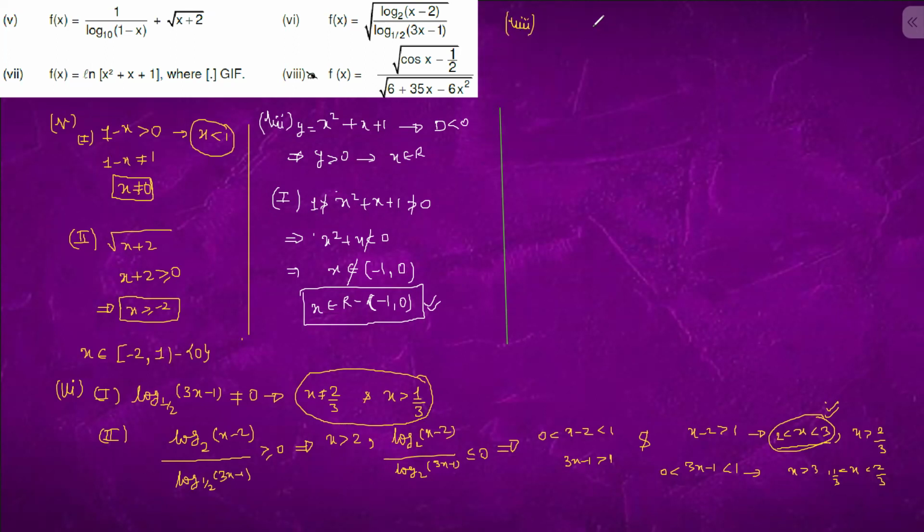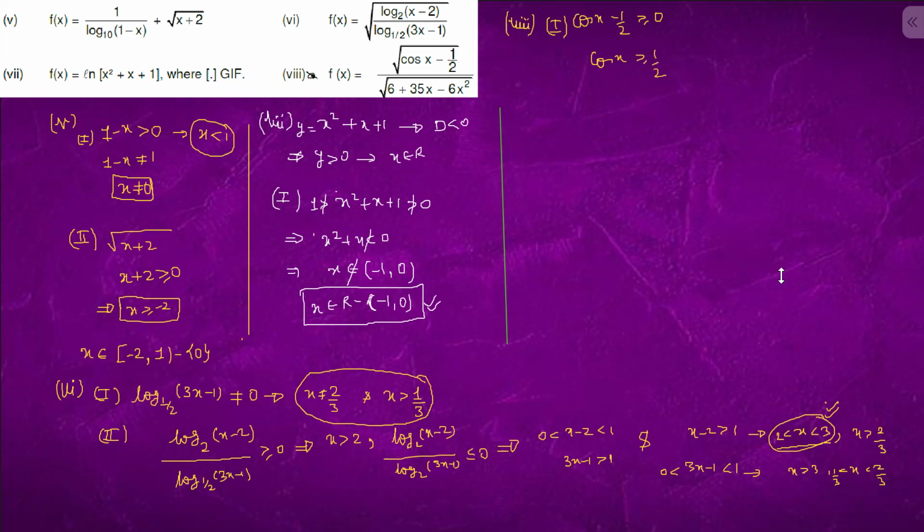Question 8. Cos x minus 1 by 2 should be bigger than or equal to 0. So cos x is bigger than or equal to 1 by 2.